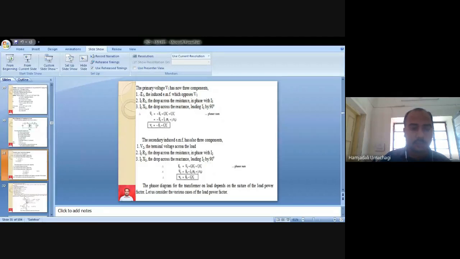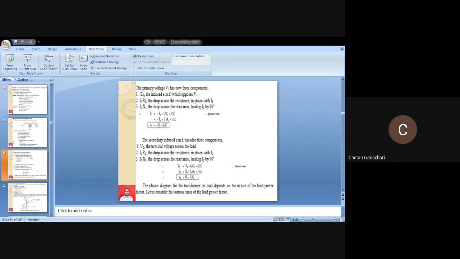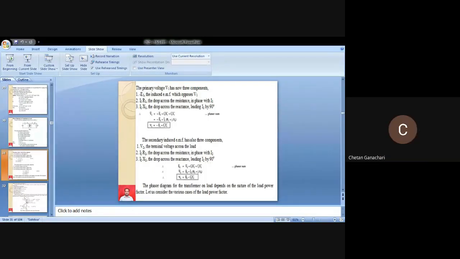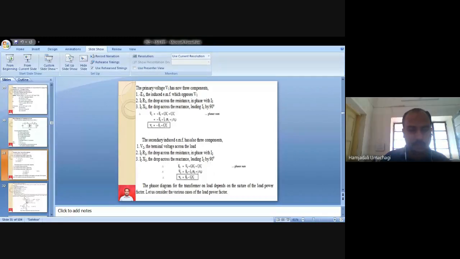Can you see this diagram? No, sir. You are not able to see this diagram? Wait a minute. I should share that window. I will share that window, then you are able to see.